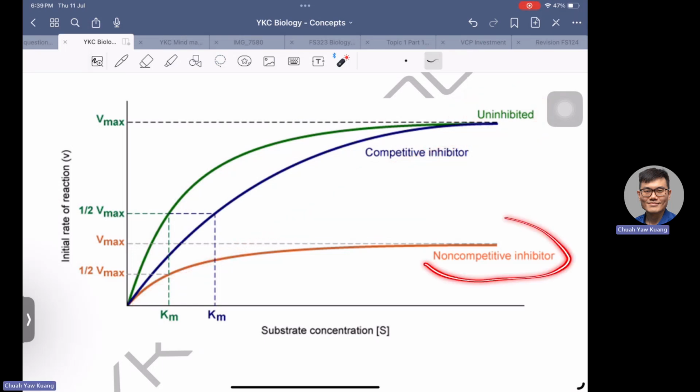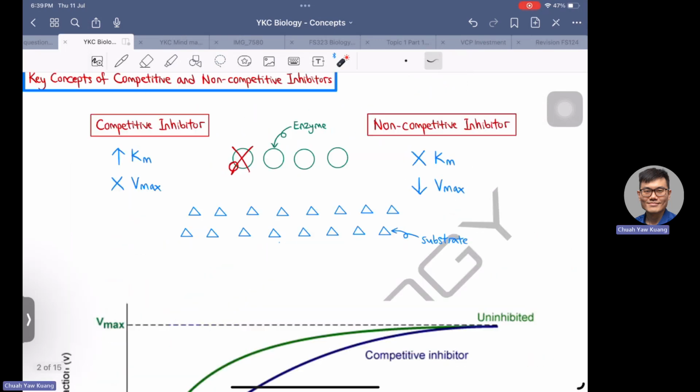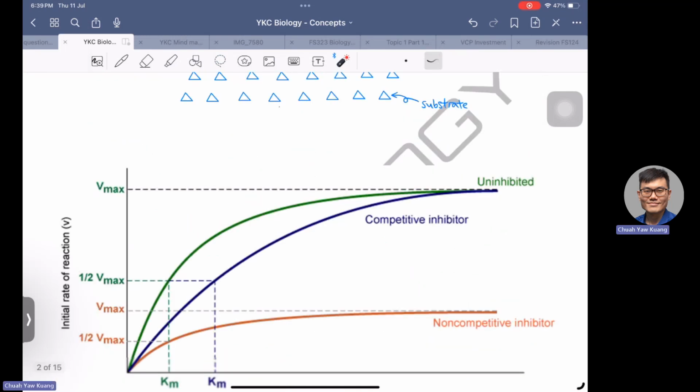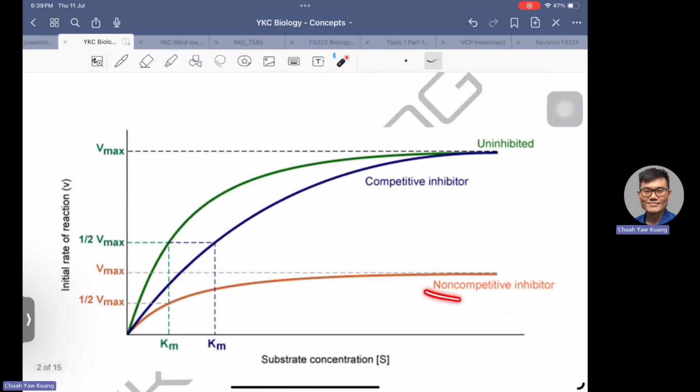It will be somewhere lower. The reason is very simple, because the enzyme has been shut down. The non-competitive inhibitor is reducing the concentration of the enzyme. Because of this, the reaction will never reach the original Vmax. It will settle at a Vmax that is lower.